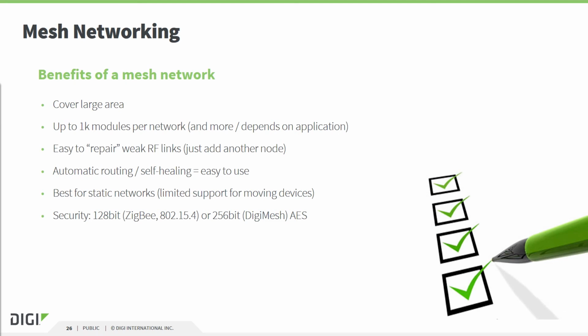So to summarize what mesh networking is offering to you: you can cover a large area, you can create up to 1000 nodes per network, and you can repair easily, or even the mesh network will do it for you if you have some problems with the communication between the nodes.